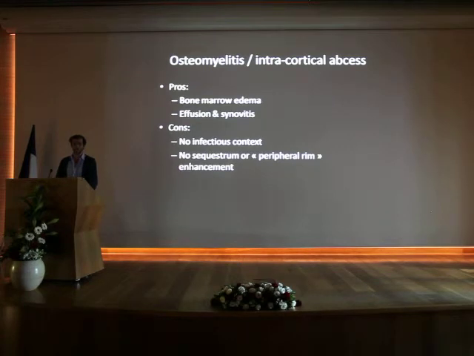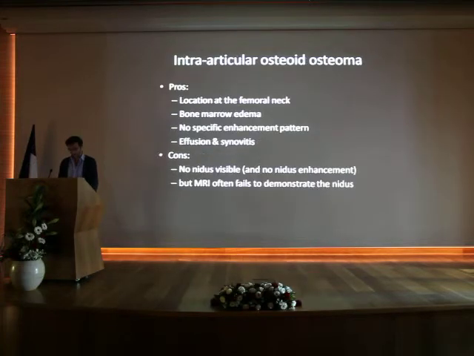First, the infectious etiology. Bone marrow edema, effusion and mild synovitis could be consistent with this, but there was no infectious context, which is quite enough to rule out this hypothesis, and there were no images consistent with a Brodie abscess.